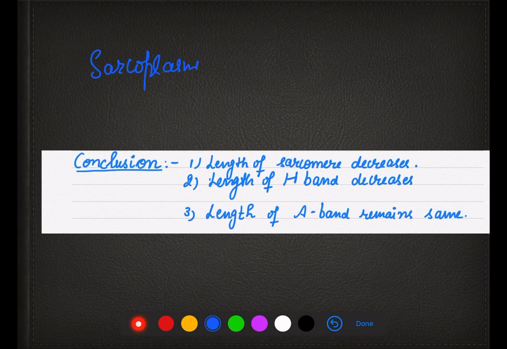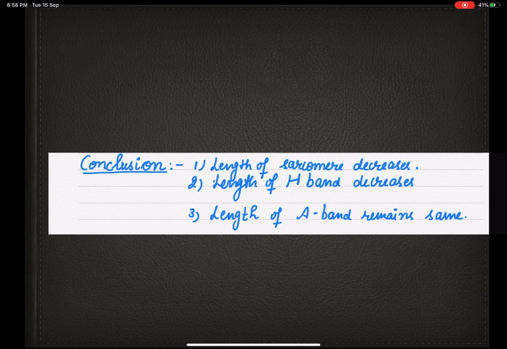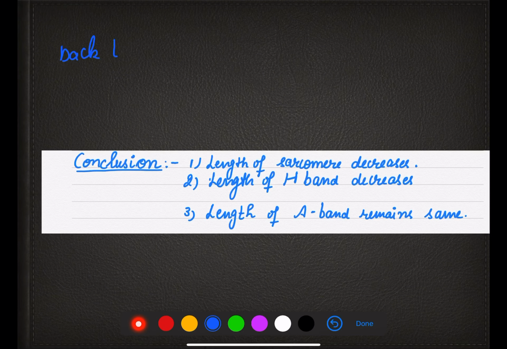But you can write down that this process continues till calcium ions go back to the sarcoplasmic reticulum. Right. So as soon as calcium goes back into the sarcoplasmic reticulum, now again actin is left alone.